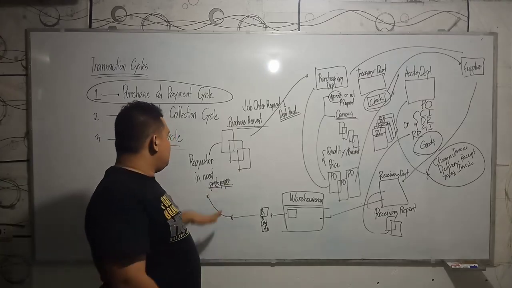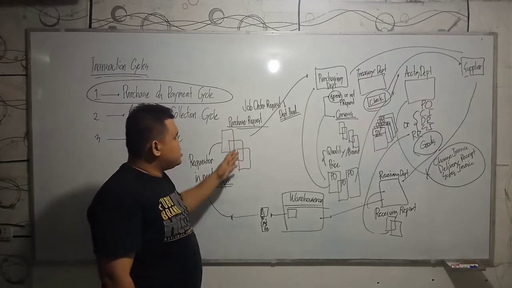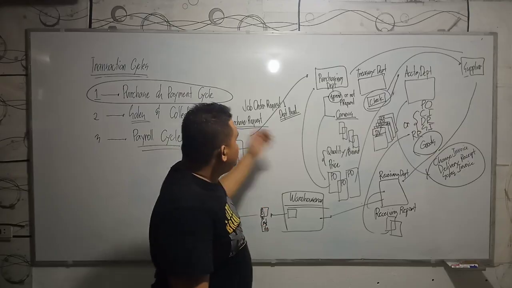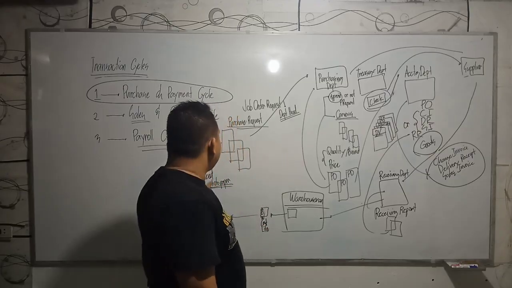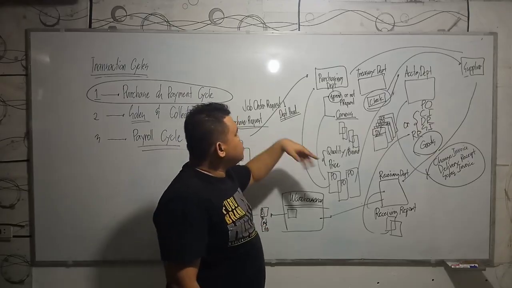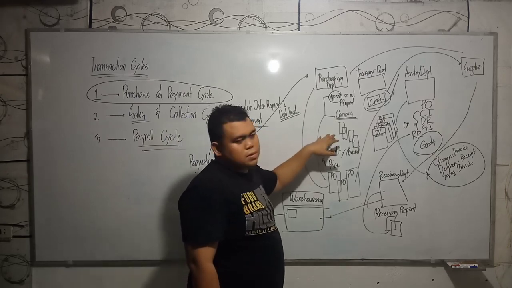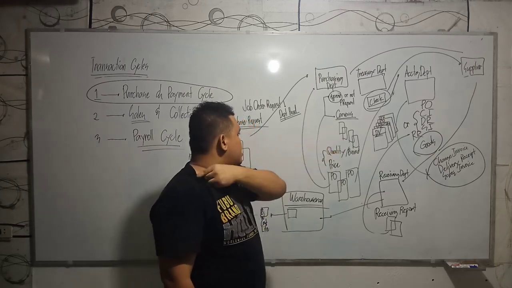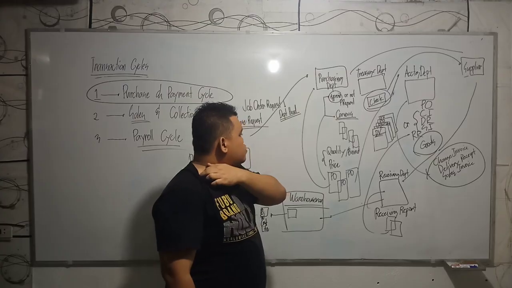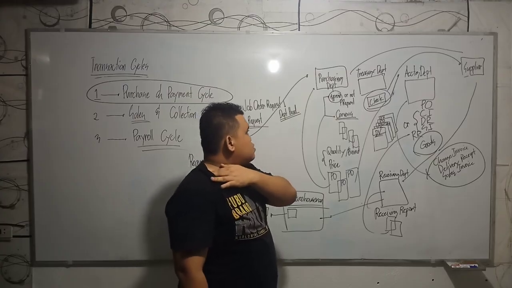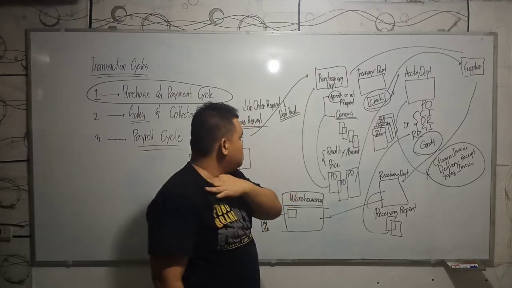But then again, let me repeat, normally there is a purchase request or job order request approved by the department head from the requestor, and then it will go to the purchasing department, in which the purchasing department has to canvass for the item in order to get good quality and an affordable price.